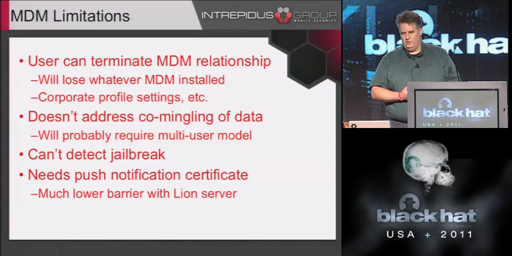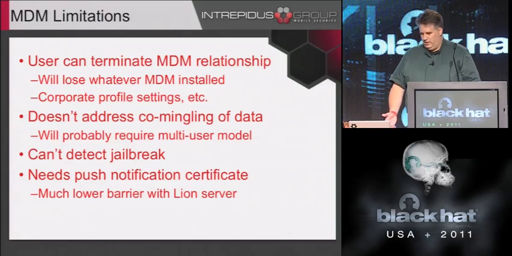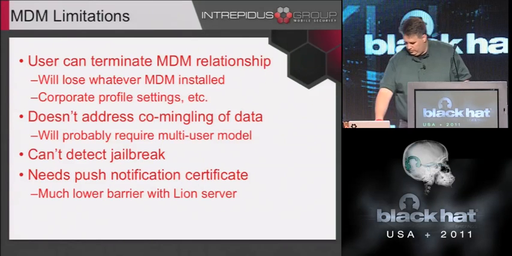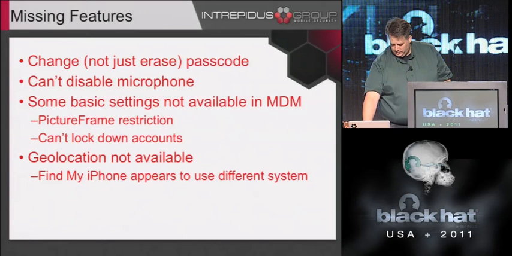It'll look for jailbreaks, it'll handle additional data. Those things will frequently get installed through the MDM service at a corporate level, and that will handle detecting jailbreaks. And then you still need the push notification certificate. But again, with the Lion server now, that's a much lower barrier to entry.